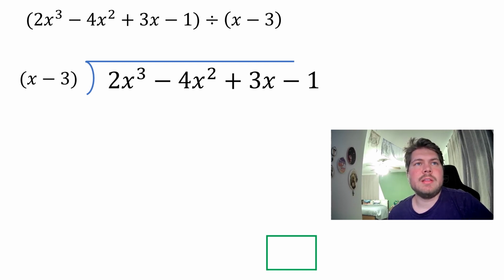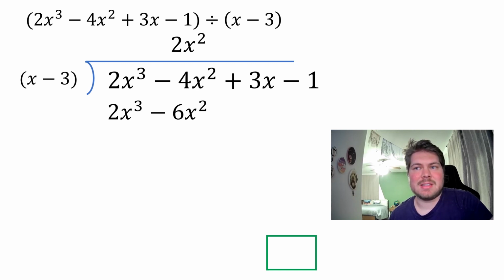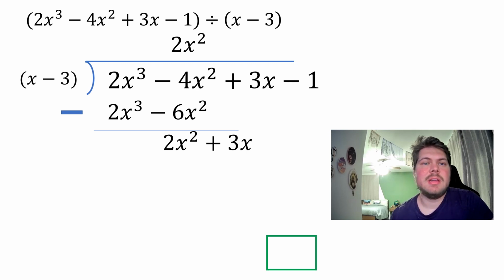So we're going to see how many times x goes into 2x to the third power, and it goes into it 2x squared amount of times, because 2x squared times x would give you 2x to the third. But we also have to consider what negative 3 times 2x squared will be, which is negative 6x squared. So now we subtract this to find out what's left, and because it's minus minus, you end up adding the 6. So I know there's some confusion, but minus minus, you add the 6.